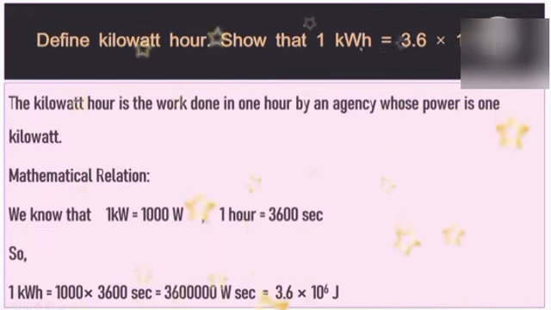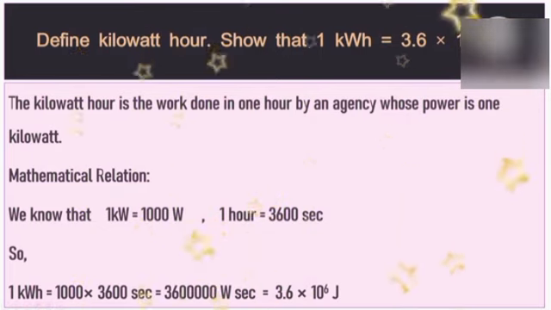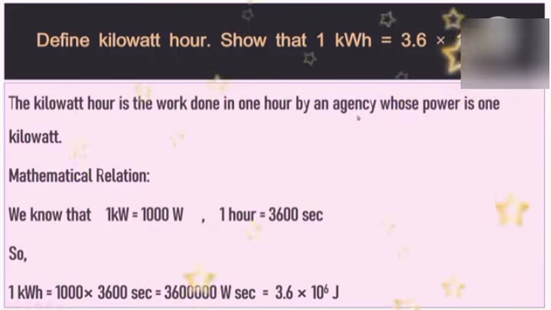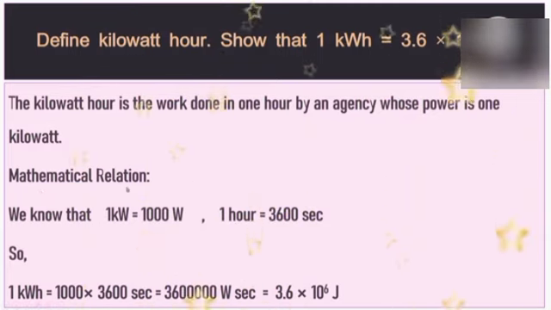Define kilowatt hour. Show that 1 kilowatt hour is equal to 3.6 into 10 power 6 joules. The kilowatt hour is the work done in 1 hour by an agency whose power is 1 kilowatt. Mathematical relation.